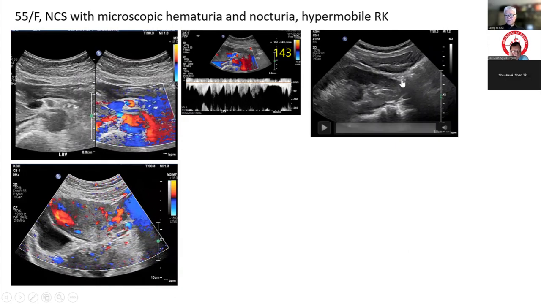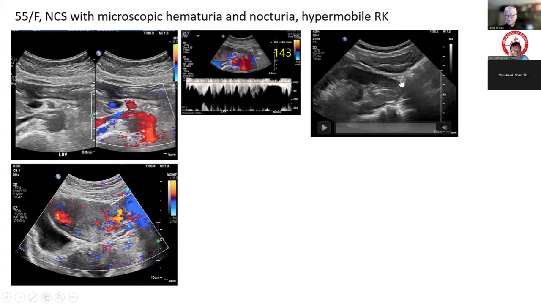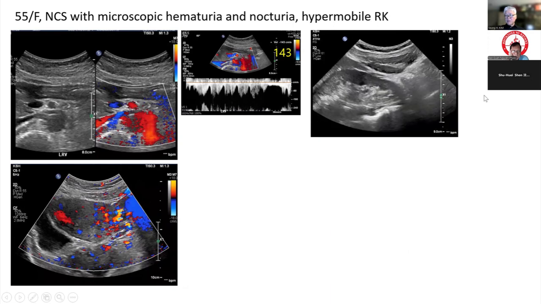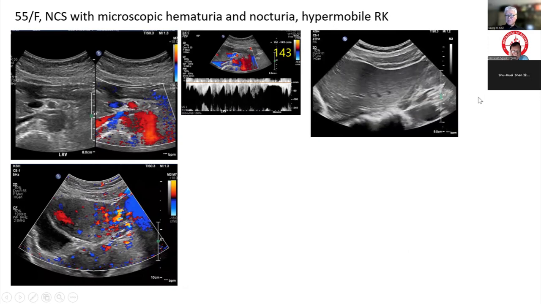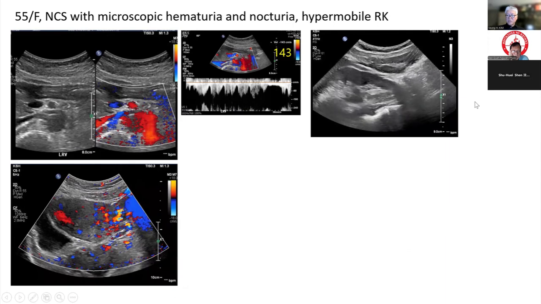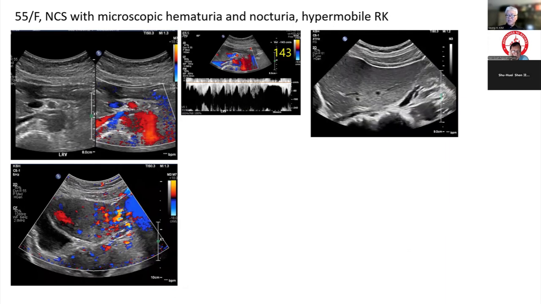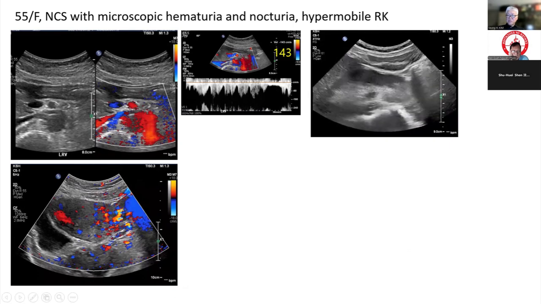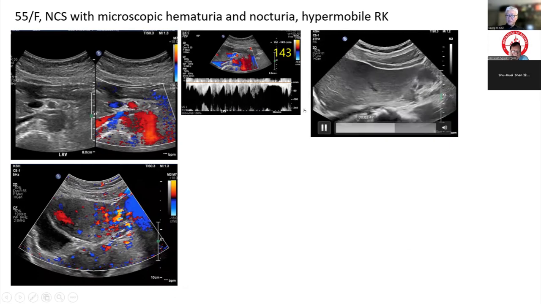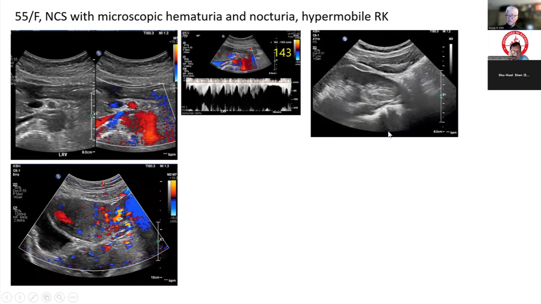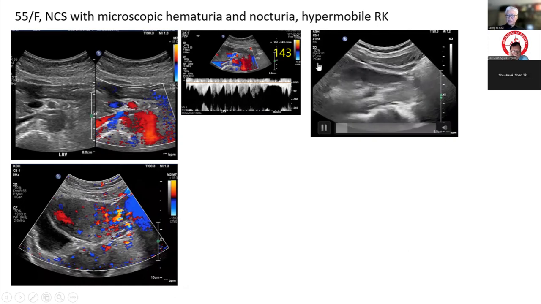When I see this patient, the right kidney moves with the patient's respiration from here to there, a very wide moving range, probably related to the very lax connective tissue supporting the right kidney.